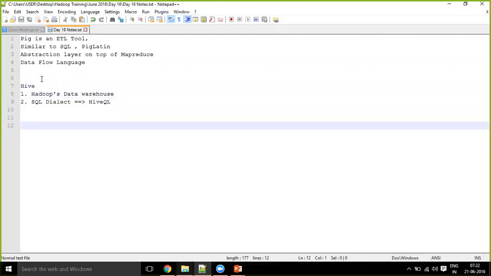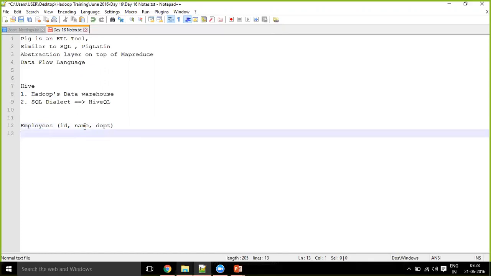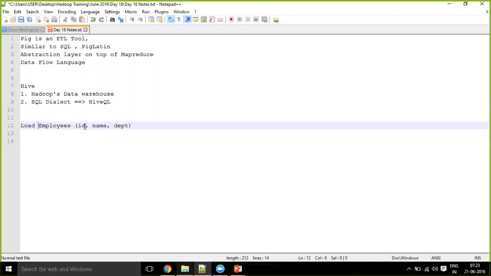Okay. So let's say I have an employee's data with ID and name and department, yeah, let me take only this many. Okay, so I'm loading this into a table.